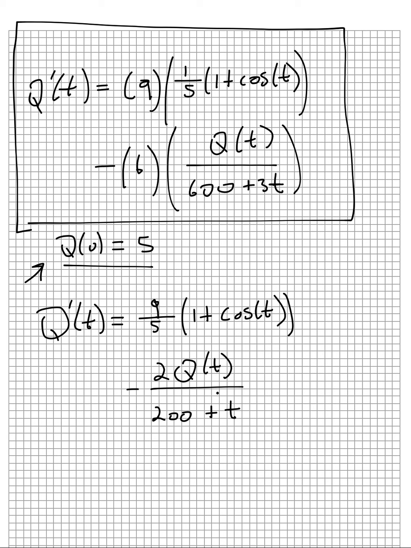So that's what our equation will look like. And then, of course, it has the same initial value. That doesn't change. We're just simplifying the problem. Make sure you see this is all one equation right here on the bottom.